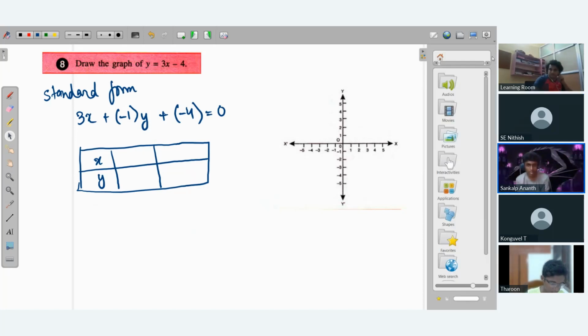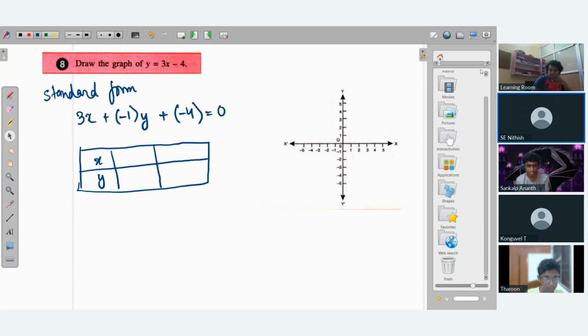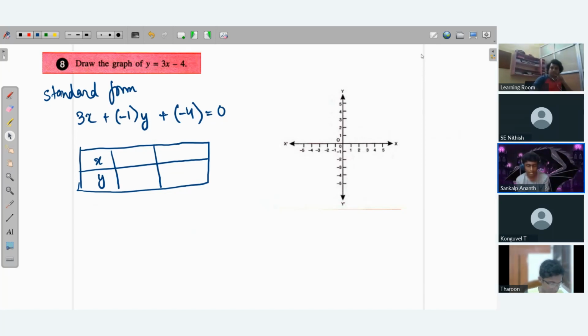Sir, is y equal to -4? Correct. When x is 0, y is -4. I got 0 and -4 as my first point. Now doing the second point.